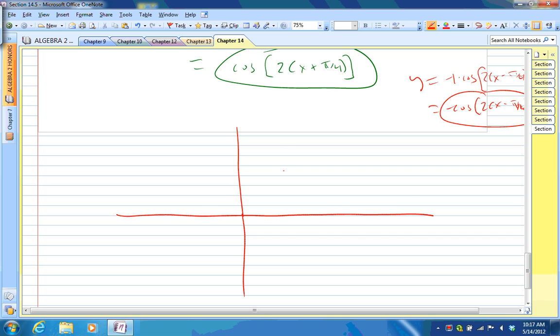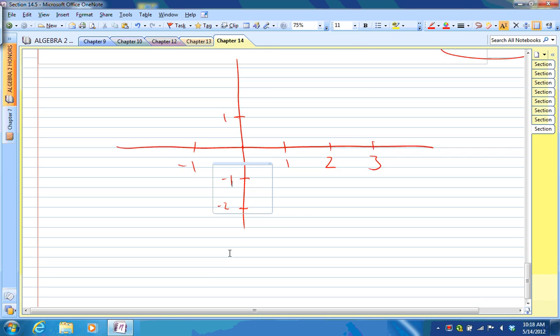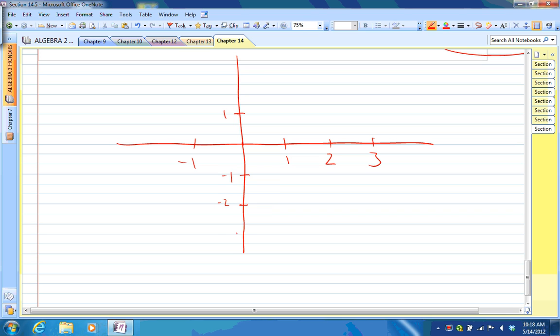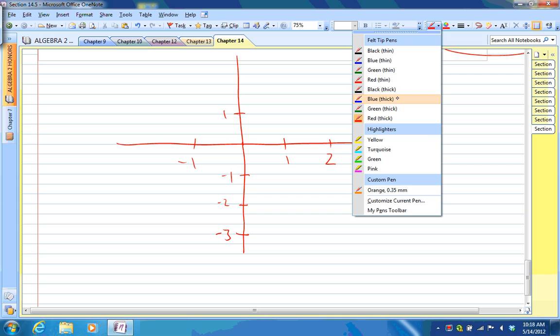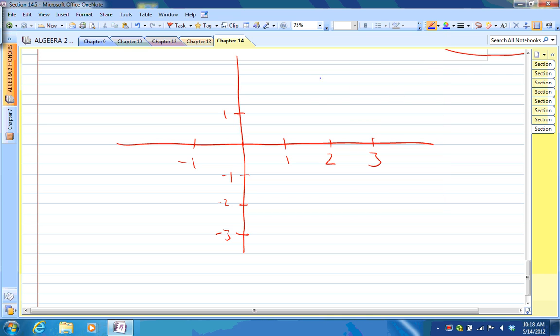Say we had a graph like this. These points right here.